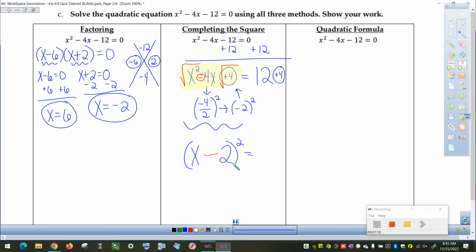Well, the square root of 4 is 2. Another thing that we can think about is whatever you have right here, right before it gets squared, that -2, that's what's going to go down into the parentheses. All right, and then we are going to add the numbers here on the other side, so 12 plus 4 is equal to 16.